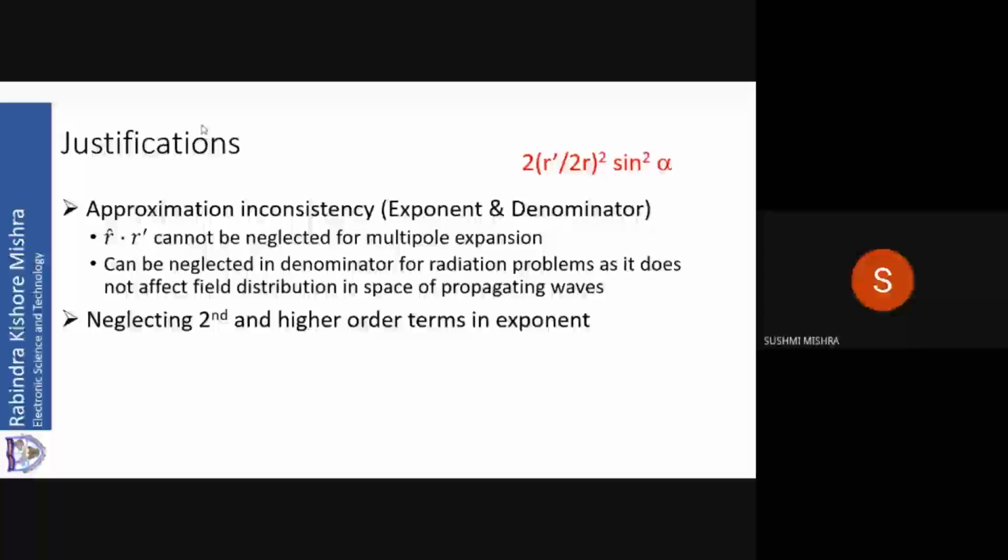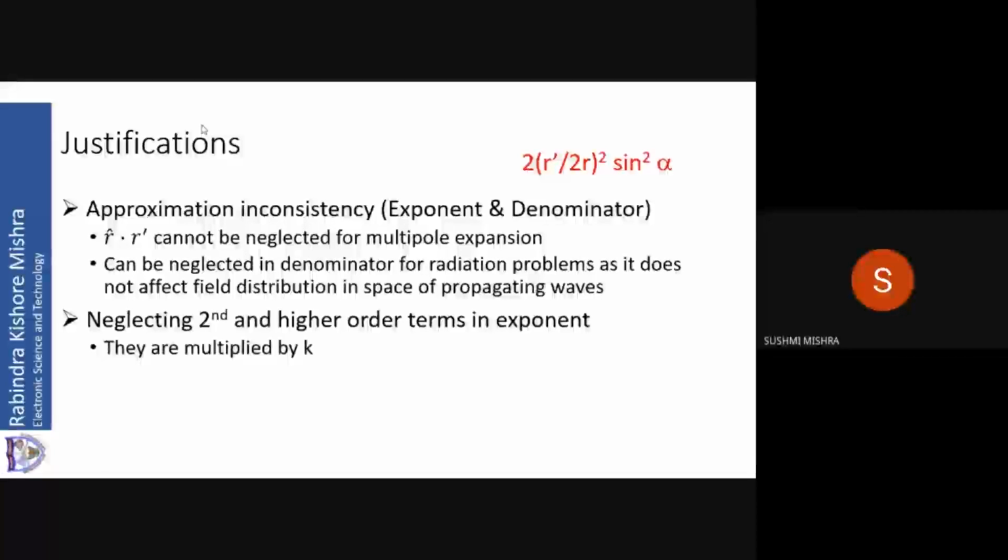Then we have neglected this term, r dash square upon 2r square, which I am writing like this: r dash square upon 2r square sine square alpha. So we are neglecting this not only in the denominator but also in the numerator.